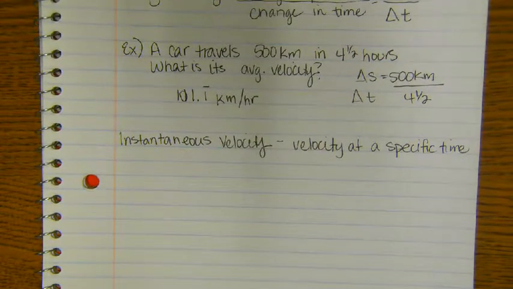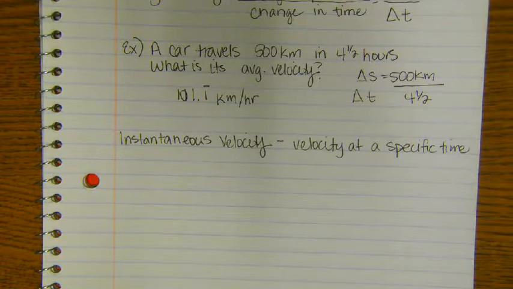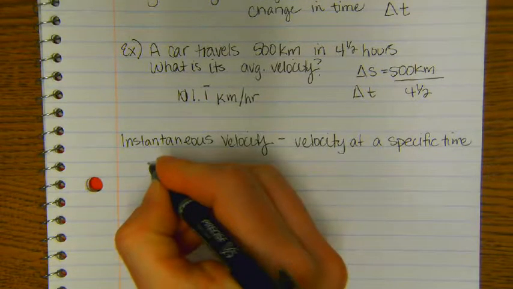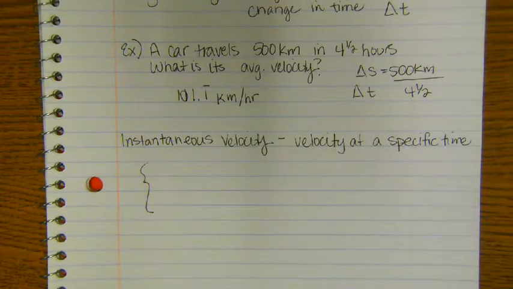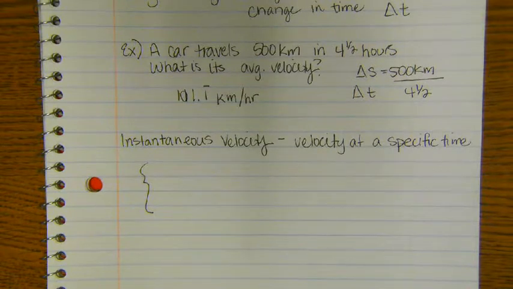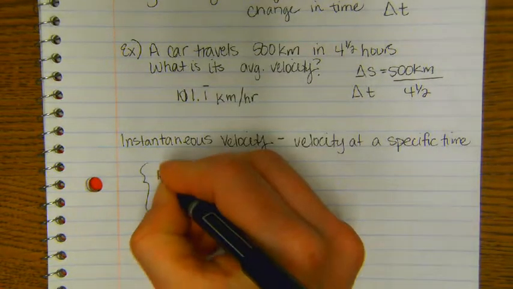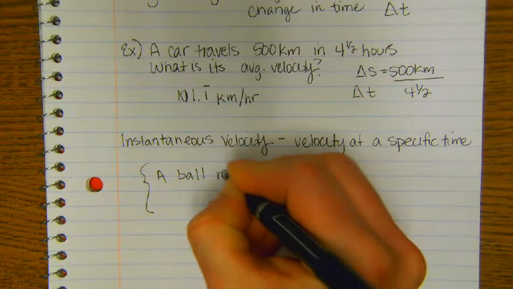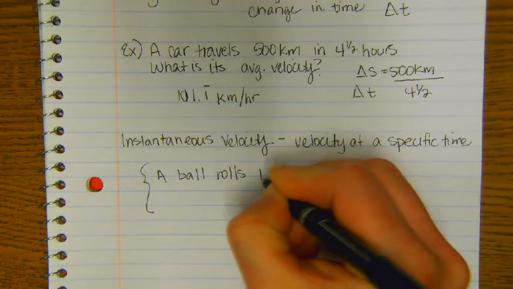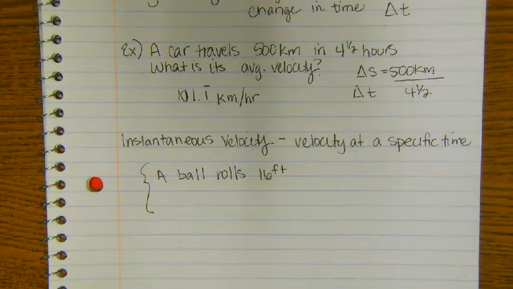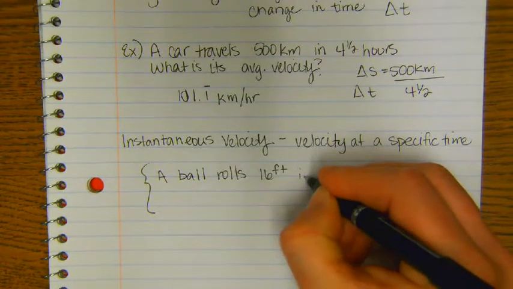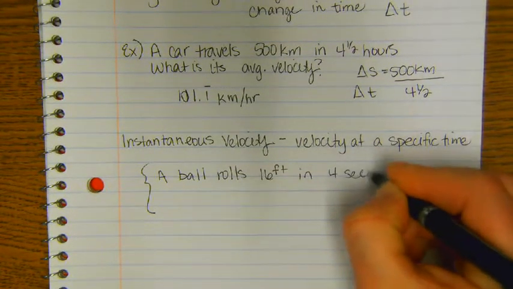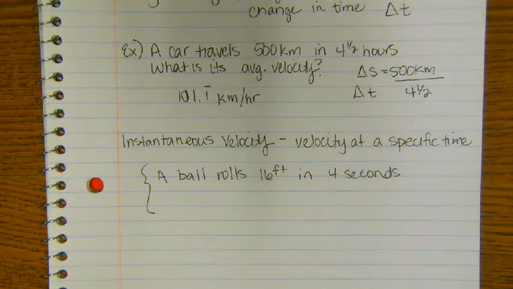So let's say, for my instantaneous velocity, I'm going to tell you that a ball rolls 16 feet in 4 seconds. So let's just calculate in our heads what's the average velocity in that 4 seconds.